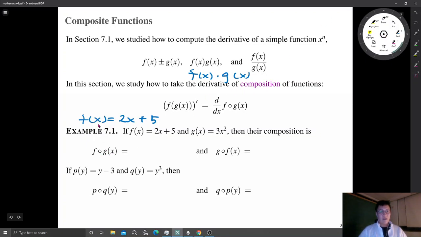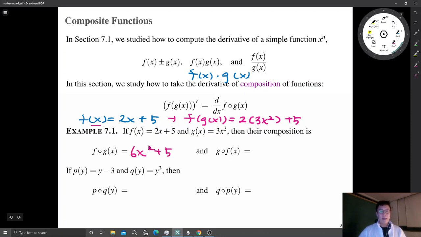So instead of x, we substitute 3x squared. So f of g of x is 2 times 3x squared plus 5. So that is the first composition between these two functions: 6x squared plus 5.